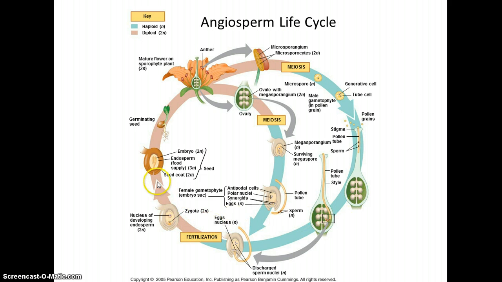So here we have the main part of the plant, the sporophyte generation, and it will develop the flowers, whose job is to produce microspores in the case of the stamens and megaspores in the case of the ovules, the female part, producing those spores, which will develop into the pollen grain and then into the egg, and you'll get dispersal of the pollen, sometimes by wind or usually by animals, from the male to the female part, fertilization inside the ovule where the embryo will develop and the protective coverings of the ovule become the seed coat, and the seed is dispersed and begins the next generation.